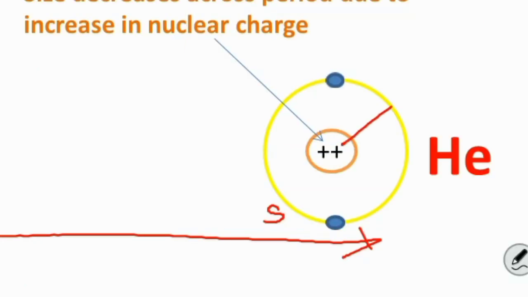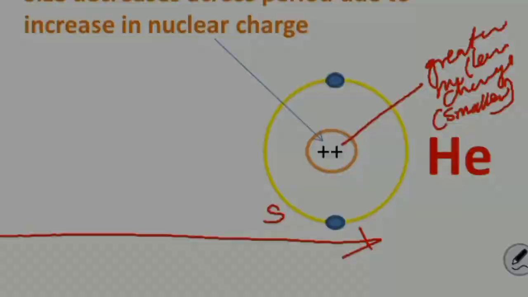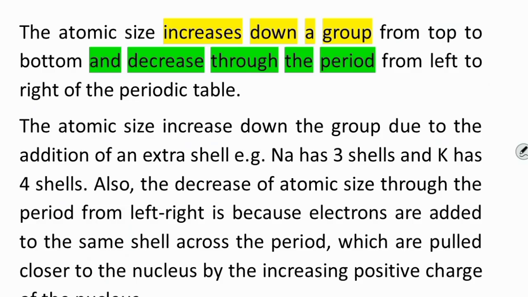But this one has a greater nuclear charge but is smaller in size. And of course, you know the reason why it is smaller in size. The higher the nuclear charge, the smaller the size of the atom. So that's the trend in atomic size of an atom.